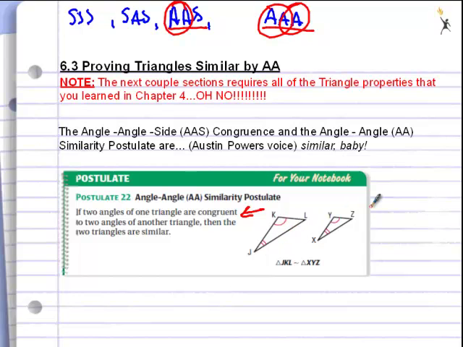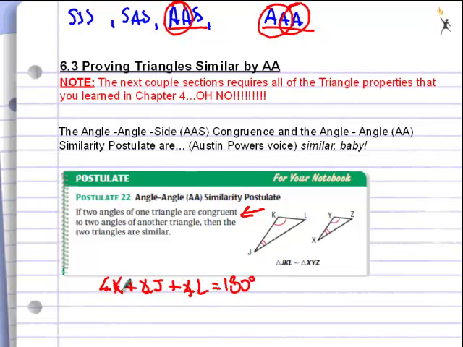Now, you can actually move the triangles on top of each other and see that they're congruent, or you can set up addition statements. We all know that the inside of a triangle has to add up to 180. So if you take this specific example, we can say that angle K plus angle J plus angle L equals 180 degrees.